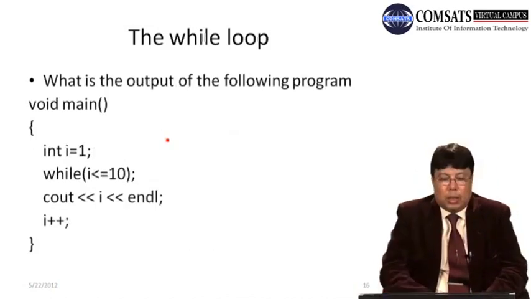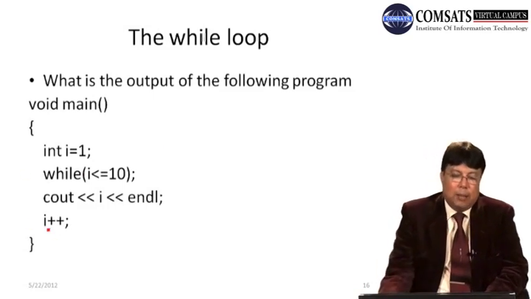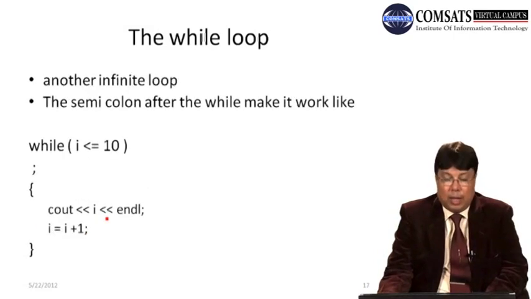Okay. Similarly, you can try this out. i is equal to 1, while i is less than or equal to 10, cout, you can print the value of i. This time it will first print the value of i, then it will increment it. It's very simple. We have done that many times.